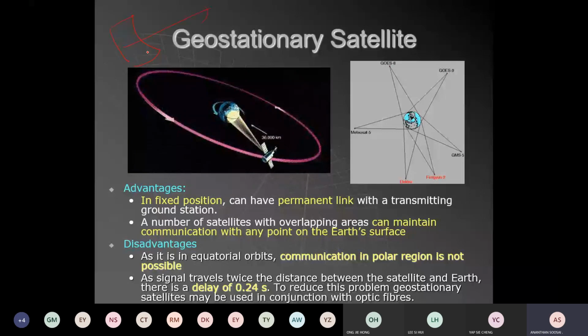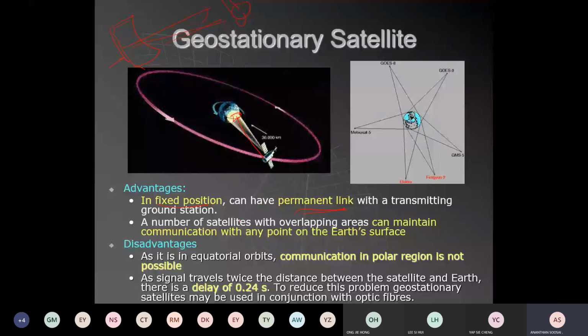This dish, you do not need to turn around. It is always fixed in one direction, always connected to the satellite above Malaysia. So you get a permanent link. Like in this diagram, the dish is here, always facing the satellite.